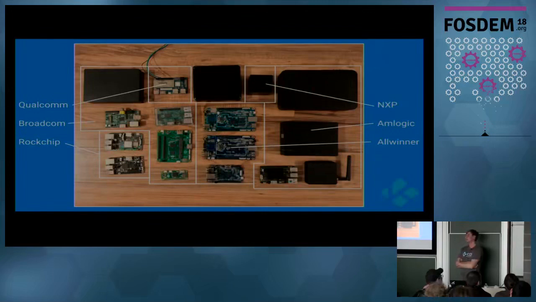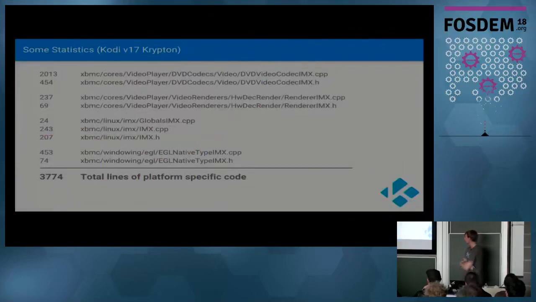To burn it to a SD card and run it on each board takes a lot of time. So what we want to do is try and implement a way where we have a single code path, basically, for use on all the different boards. So this was platform-specific code for IMX6. This was ripped out.